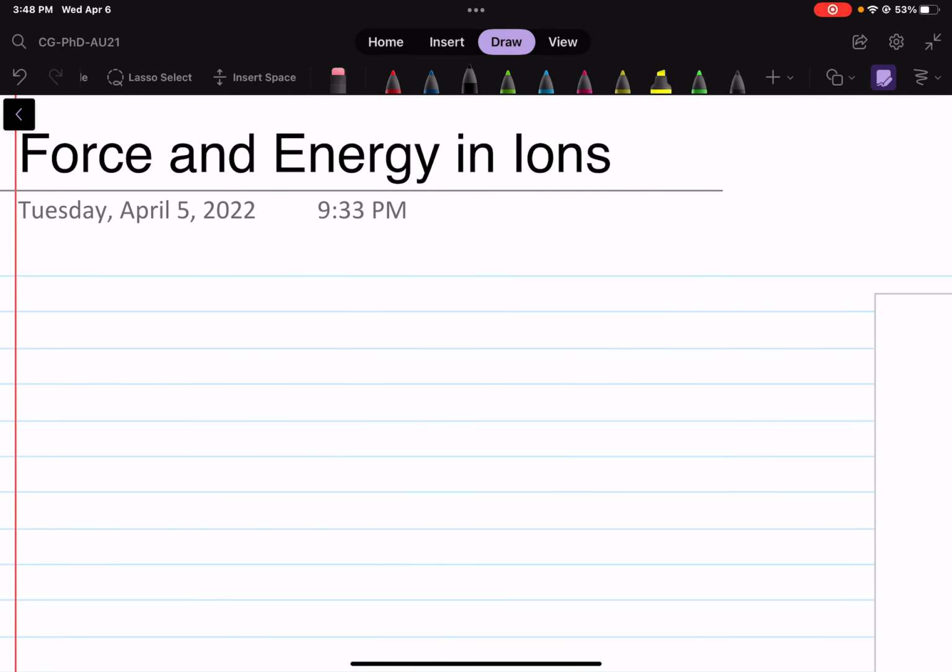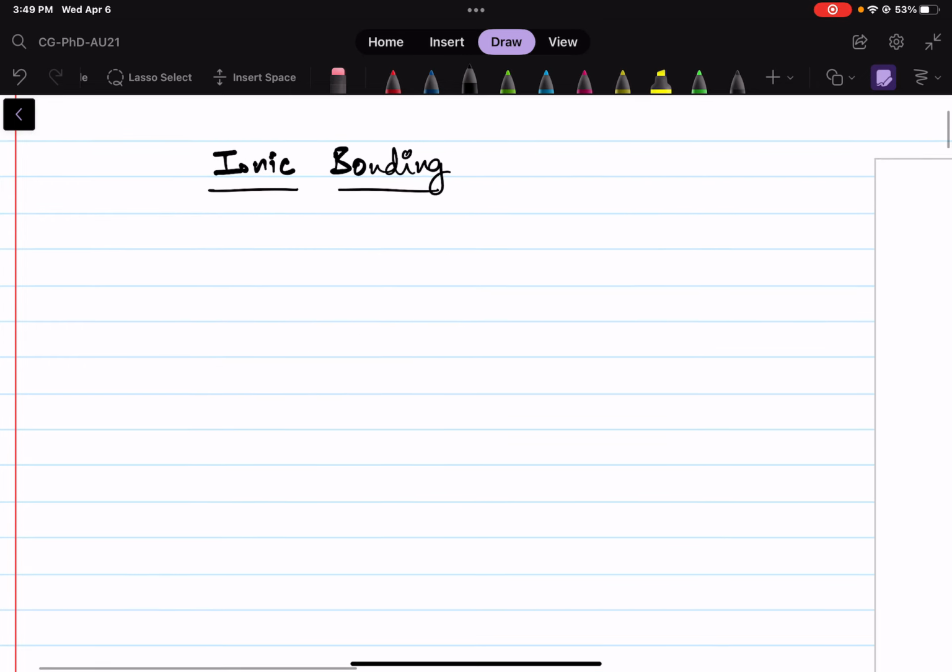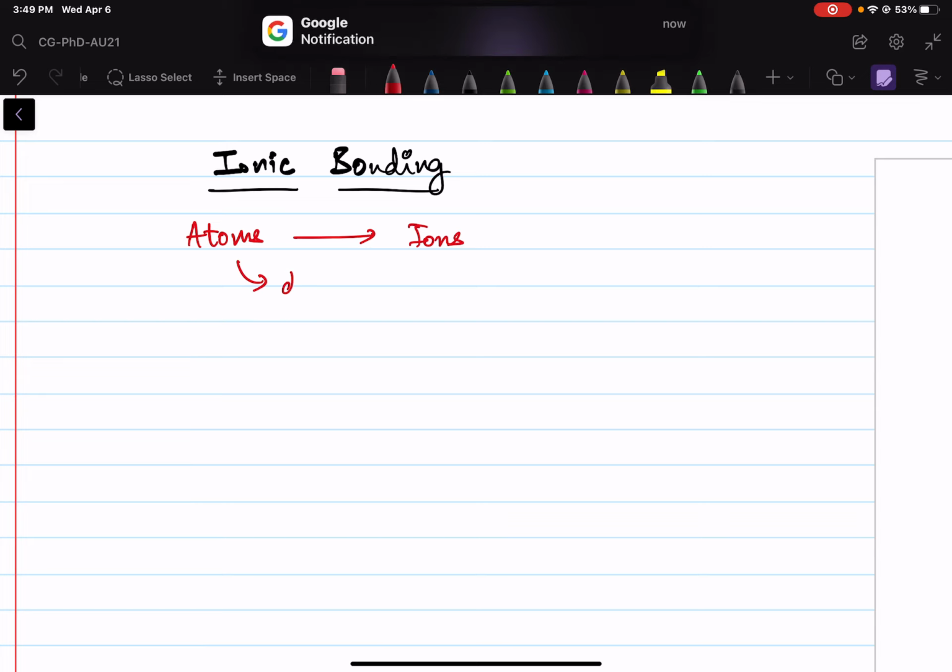Right, so in this video we'll be talking about ionic bonding. The main idea being that atoms become ions by either donating or accepting electrons.